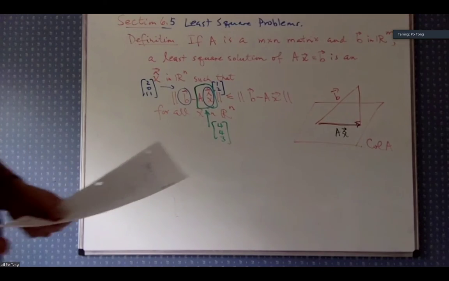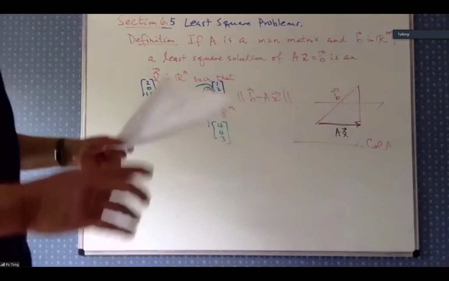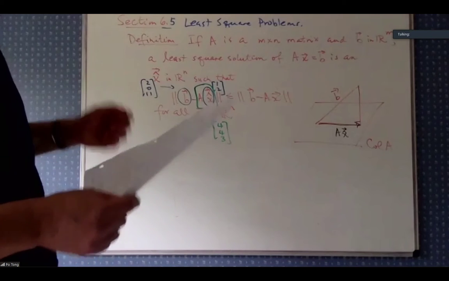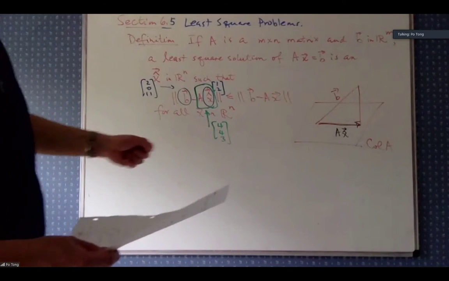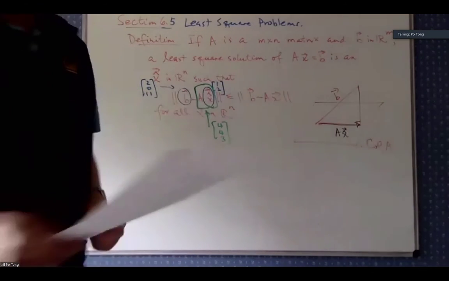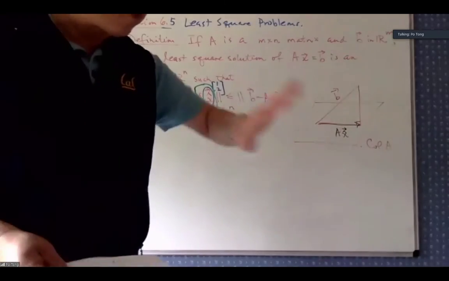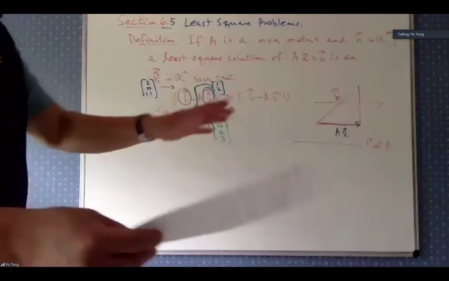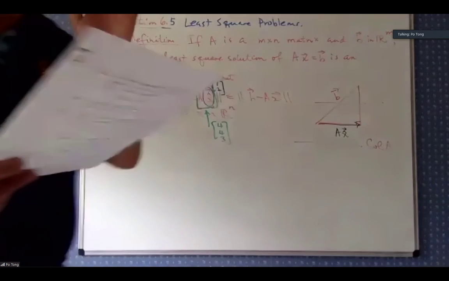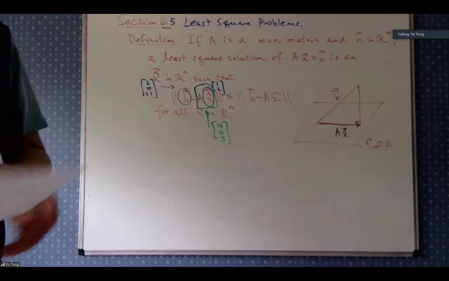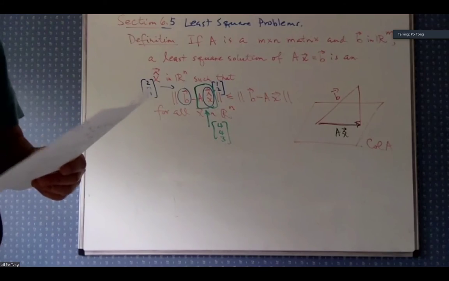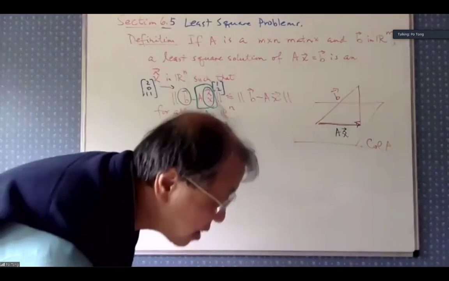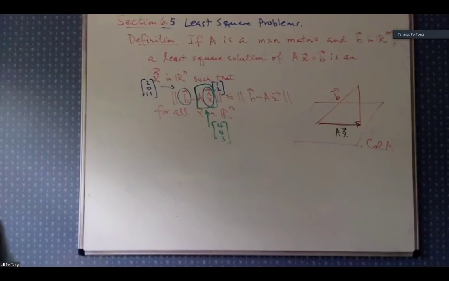So I'm going to derive another way of finding what this X hat is. The earlier way that we did was really long. We need to do the orthogonalization process and all this stuff. That one was very long. So here we are going to be deriving another way to make this a lot shorter.